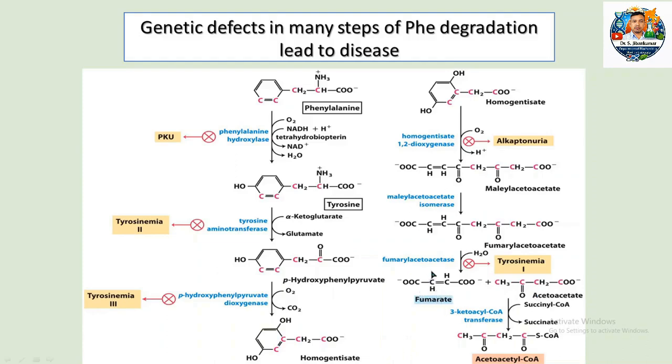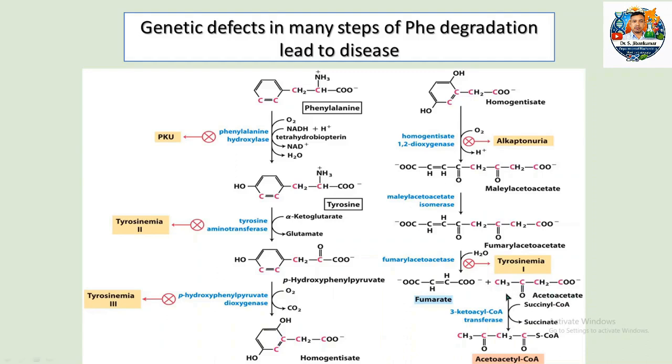Now this fumarate can be converted to malate, then malate can be converted to oxaloacetate, and that oxaloacetate can be used to produce glucose. So part of the phenylalanine can be used for glucose synthesis.